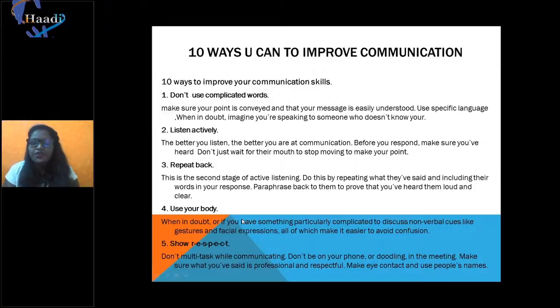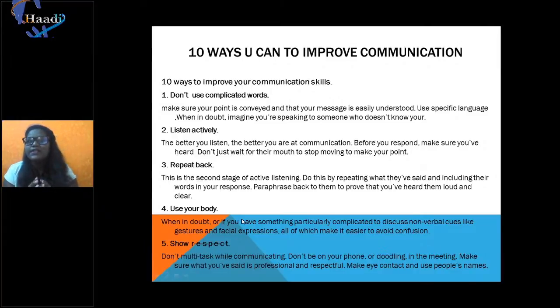The fifth one is show respect. Don't multitask while communicating. Don't use mobiles while driving or in meetings; make sure you're professional and respectful. When someone is communicating with you, don't use your mobile, especially while sitting with them.